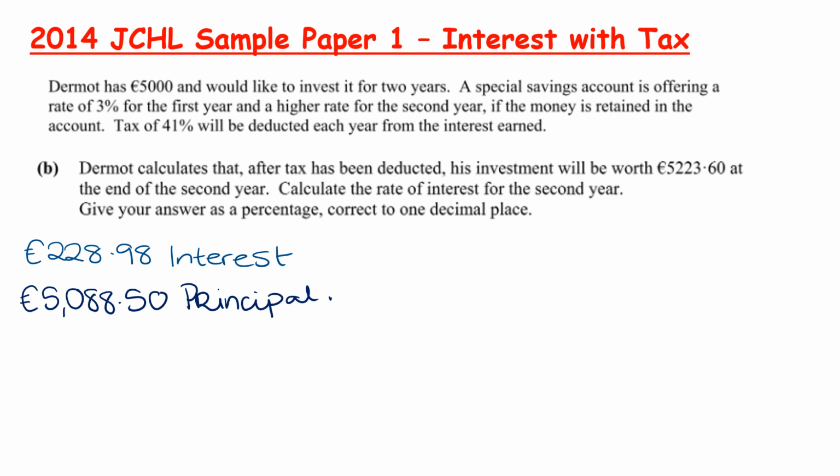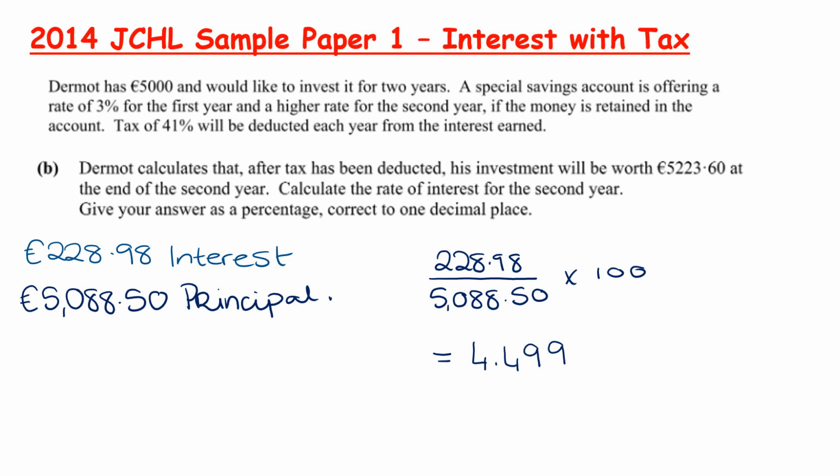So step 1 is to make a fraction: 228.98 all over €5,088.50. To then make it a percentage, you multiply by 100, or 100 over 1. Again, I've gone through this in more detail in the percentages video. And I get 4.4995087.